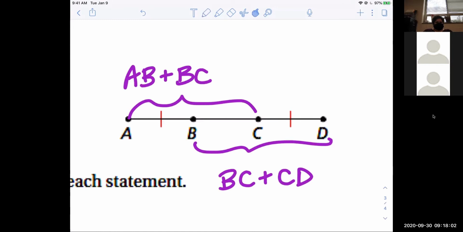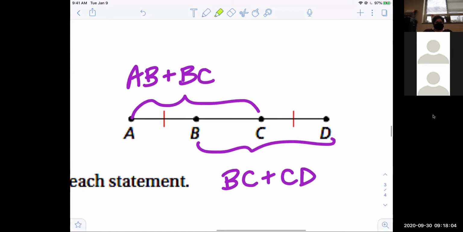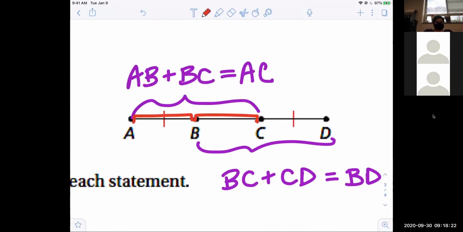Why is that AC? And why is that BD? What is that? Somebody be brave and guess. AB plus BC is AC. BC plus CD is BD. Okay.